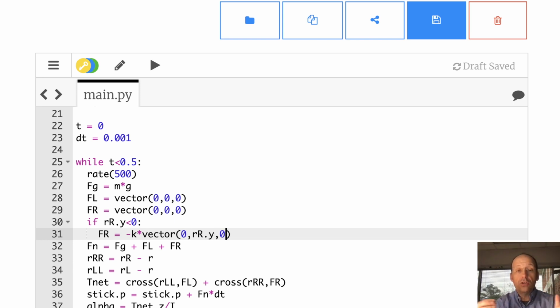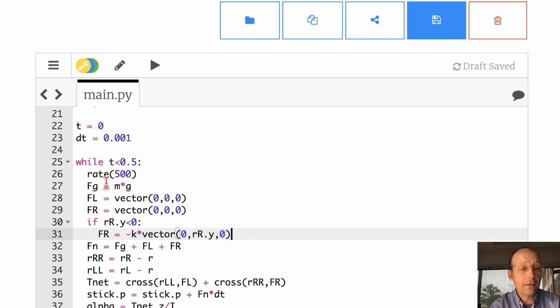I can't do just r, because then it'll give me an x component to my position, and so there'll be a force pushing it back the other way, and I don't want that. So that's my torque, my force in the right direction.